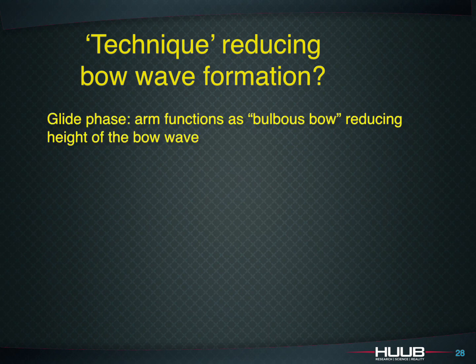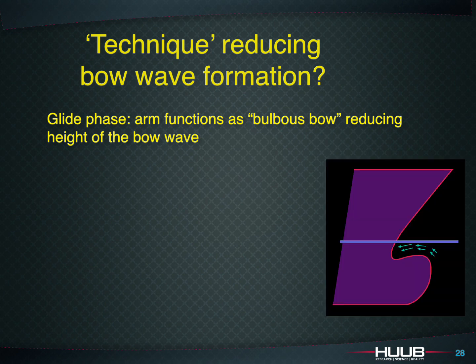In shipbuilding, you have a bulbous bow, and I'll show you the bulbous bow. What's the principle of the bulbous bow? It's a protrusion below the waterline, and what's happening is that water is accelerated. You see small arrows at the right, which grow when they pass along the top of the bulb. And so water speed is increasing, and you may remember the law of Bernoulli, that pressure and speed are related.